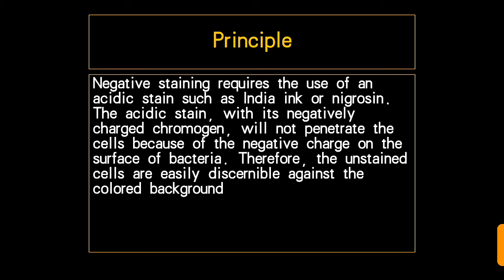That is the reason these acidic stains used in negative staining do not penetrate into the cells like basic stains do: because of the negative charge on their chromogen and the negative charge on the bacteria also, and we know that like charges repel each other, right?